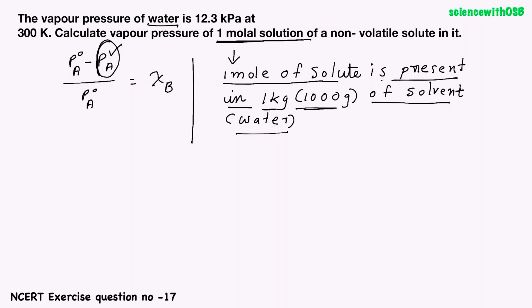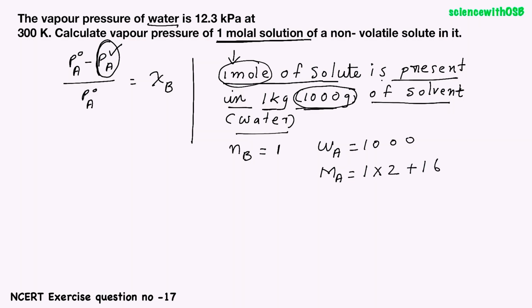So a lot of data we got, right? Number of moles of solute we got. What is that? 1, correct? 1 mole. Now mass of the solvent we got. What is that? 1000 gram, correct? Now molar mass of the water we know. Water means H2O. Hydrogen atomic mass is 1, 2 hydrogen is there.